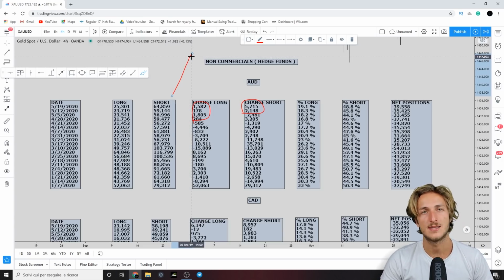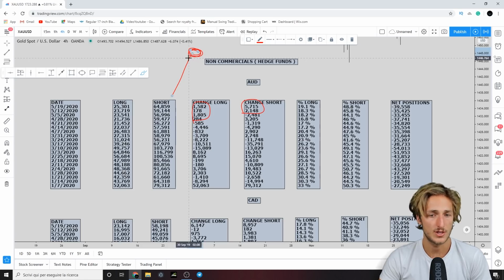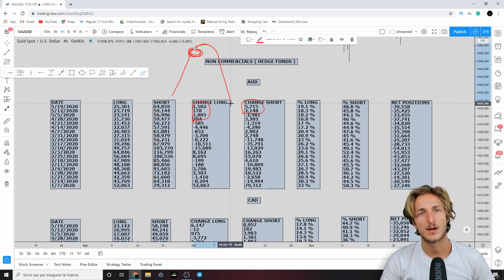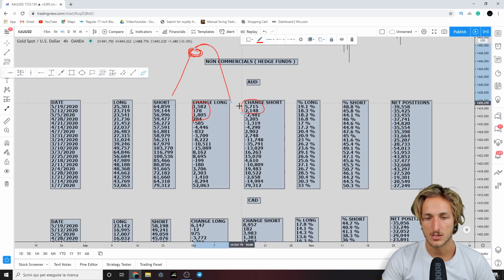But what does this mean? It means that they are starting to load up their short positions while the market is moving to the upside, meaning that we can expect the market to show a distribution. So hedge funds are opening more shorts and starting to close their longs before the market makes the move to the downside, because they're already adding their shorts.